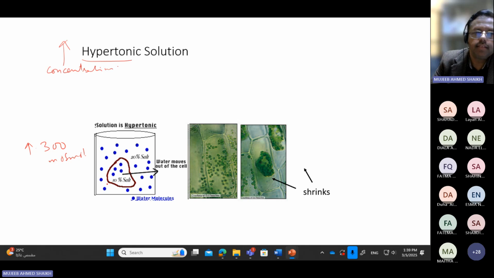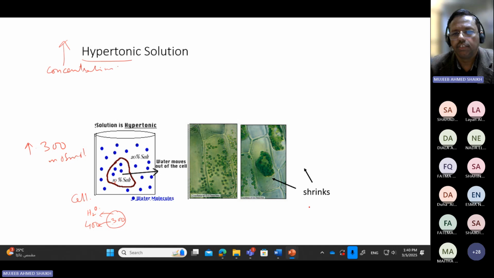If you put a cell inside this solution, what will happen? Because inside is 300 and outside may be hypertonic, maybe 400, here it is diluted fluid and here it is concentrated fluid. So more water is inside the cell, and water will move out of the cell.